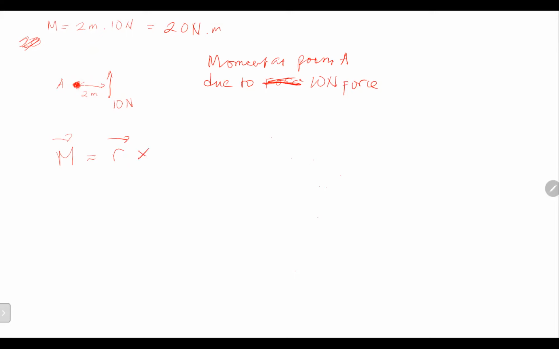Cross F, where F here is the force vector, the 10 Newton force. So if we are talking about vectors, this is the way to represent moment. But if you just want to calculate using scalar, you can just do it like that: M is equal to the distance multiplied by the force. Do you get it, guys?